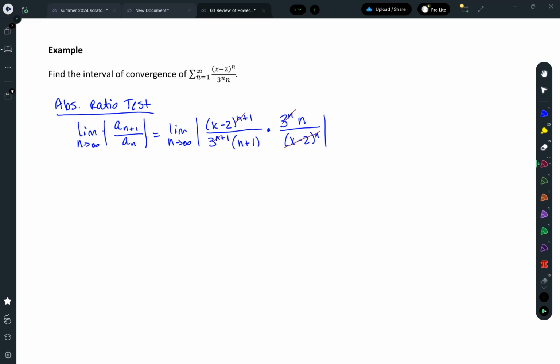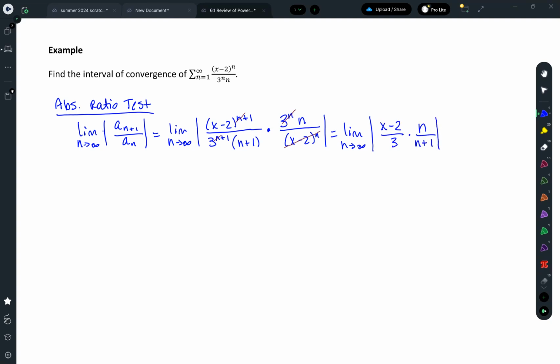So n of the 3's divide out, and I'm left with one 3 in the bottom. The n over the n plus 1 doesn't simplify. Let's rewrite this. This is equal to the limit as n goes to infinity of the absolute value of x minus 2 over 3 times n over n plus 1.